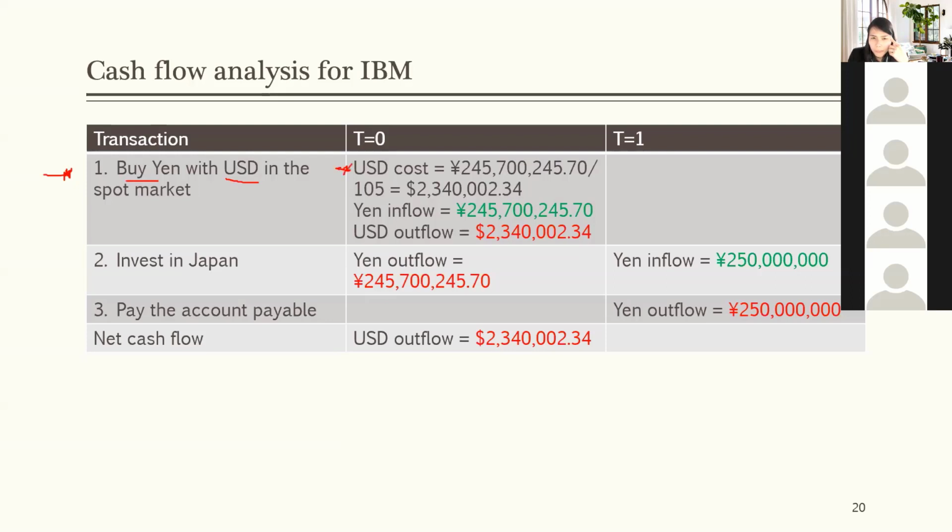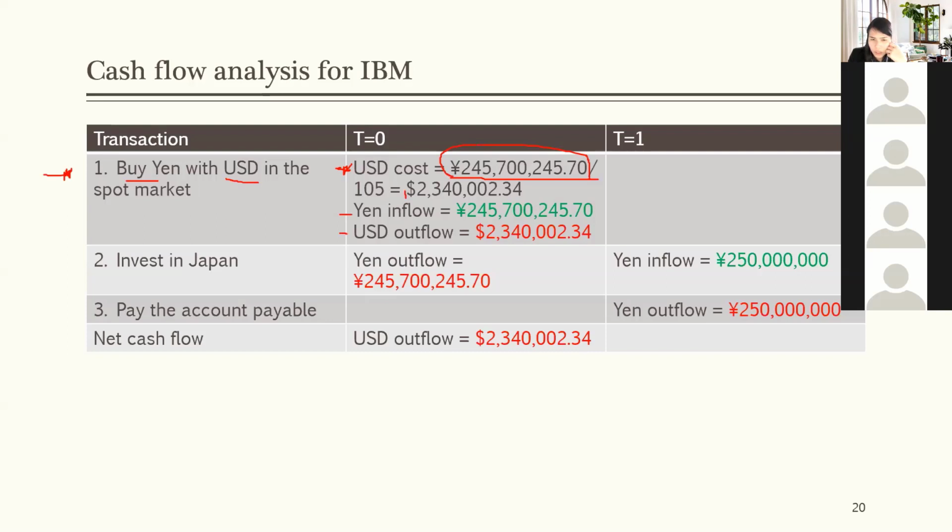So the USD cost for this money market hedge, as we showed in the previous slide, is going to be the USD equivalent of this amount, okay? As of today, you're going to exchange this much USD into yen so that you can lend in the Japanese market.